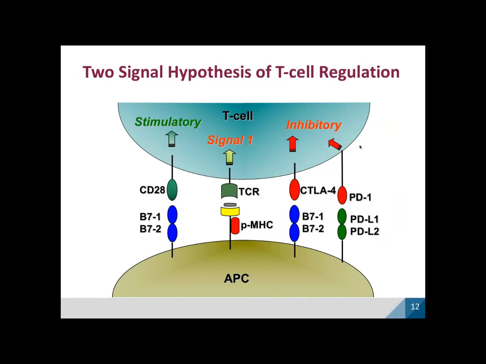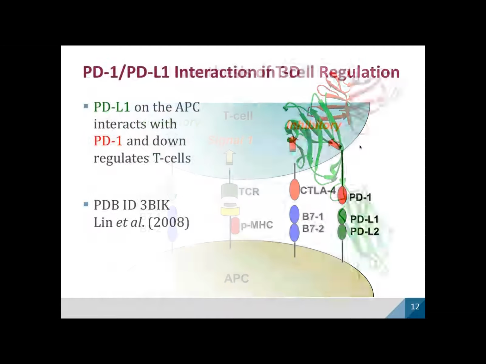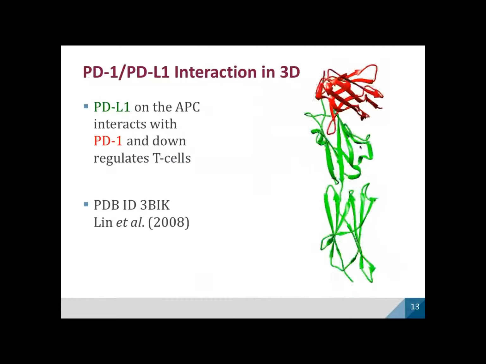As we heard from Janice's talk, there's another set of interactions that also inhibit the activity of T cells, and this, of course, is the PD-1, programmed death 1, with the programmed death 1 ligands, PD-L1 and PD-L2. And again, we know about these interactions in exquisite detail at atomic resolution.